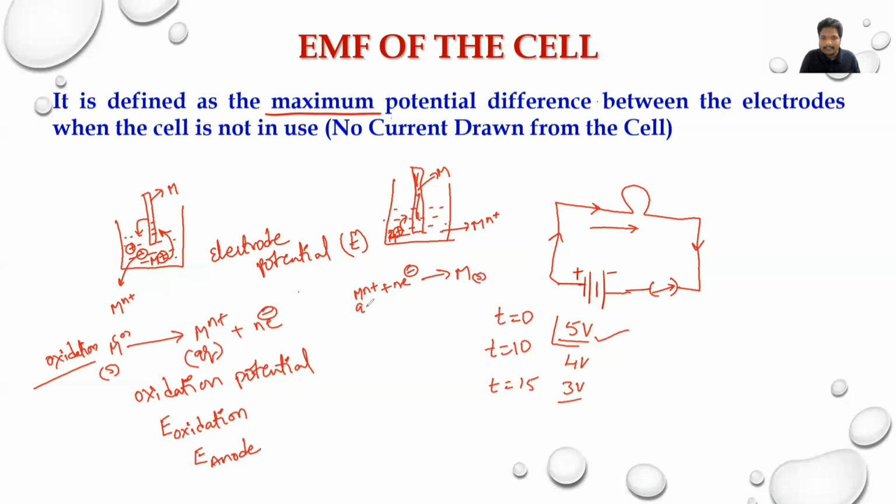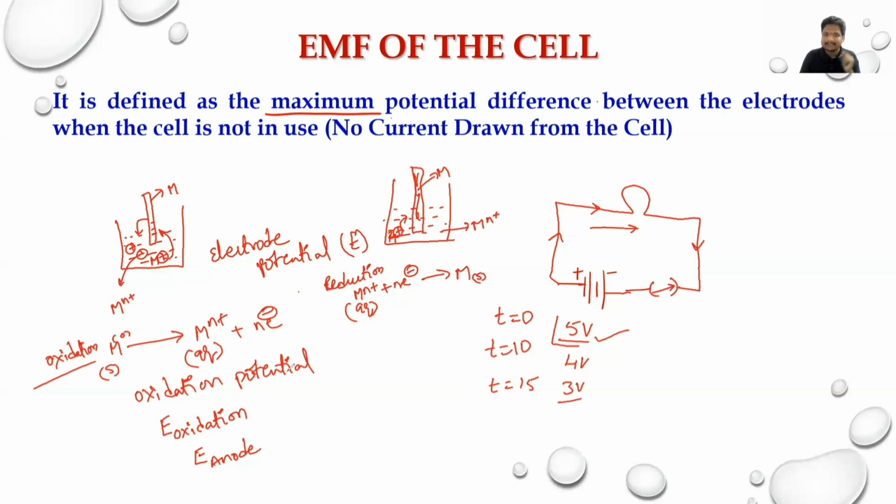The ions present in the aqueous medium move onto the surface of the metal. This is a reduction process because there is a decrease in oxidation number. So it is a reduction reaction.